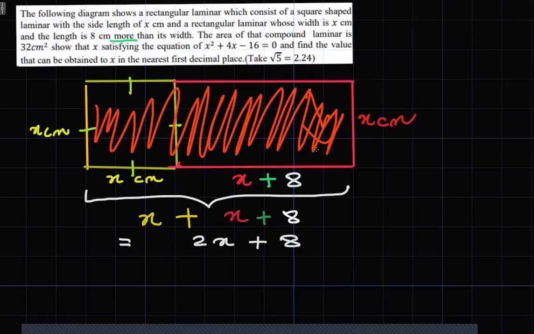All right. Now let's go further. We have been told the area of the orange compound shape is 32 square centimeters. And we have been asked to show that x satisfies the equation x squared plus 4x minus 16 equals 0. Since they have given the area of this compound lamina, let's write the formula for area.